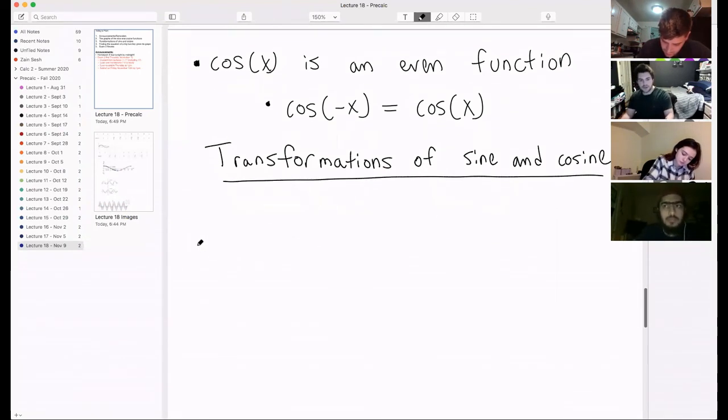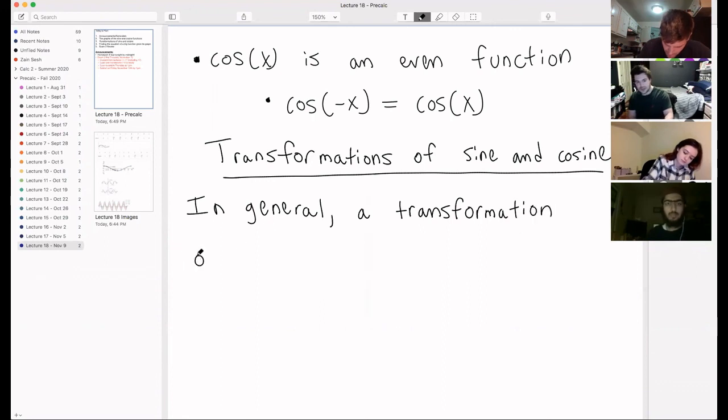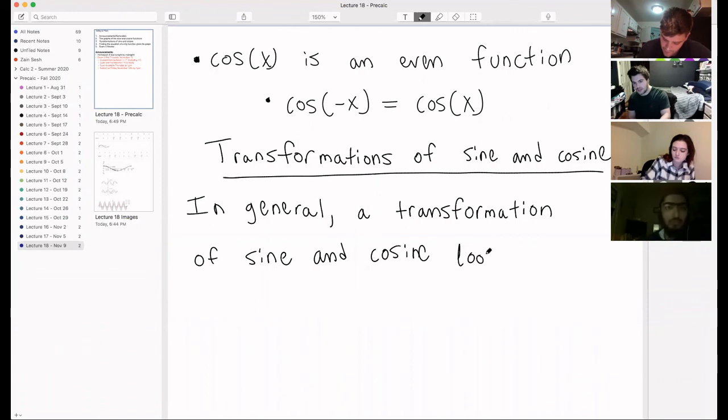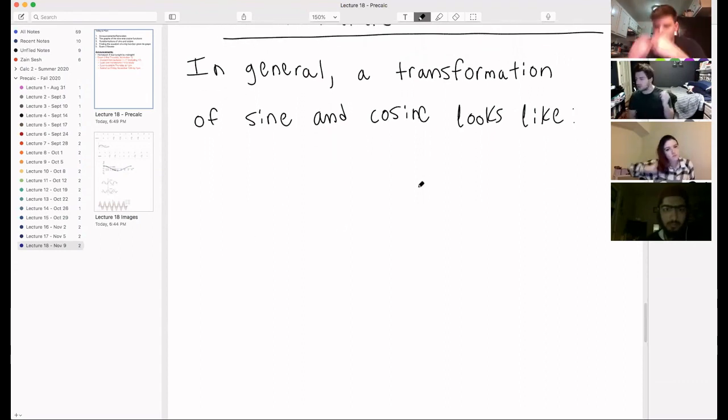Okay, very good. So in general, a transformation of sine and cosine looks like, so this should look somewhat familiar.